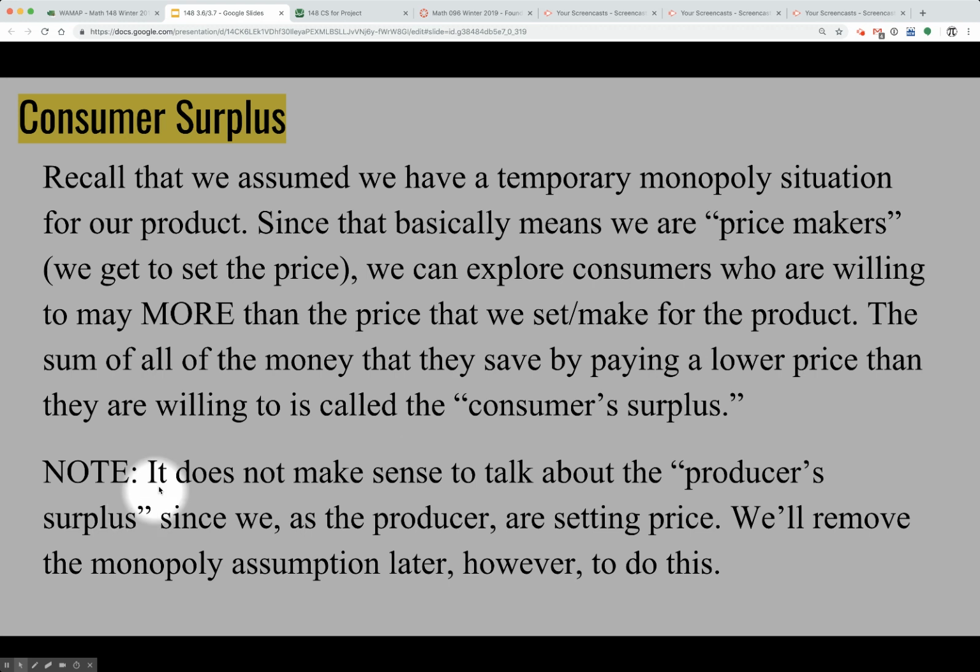But it's not going to make any sense to talk about that in this situation because it doesn't work in a monopoly situation. So in a monopoly situation, we can only talk about the consumer surplus. Later, we're going to remove that assumption. But right now, we're just going to focus on the consumer surplus.